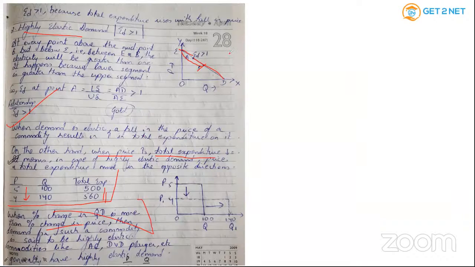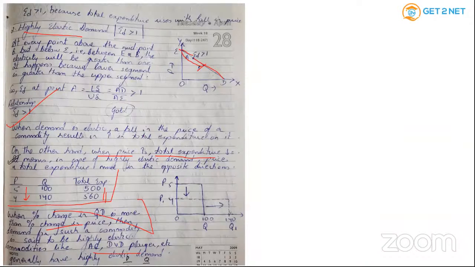And what are the commodities? AC, DVD player generally have highly elastic demand. Clear or not? Any doubt? No, ma'am.